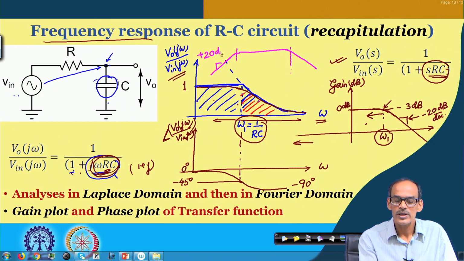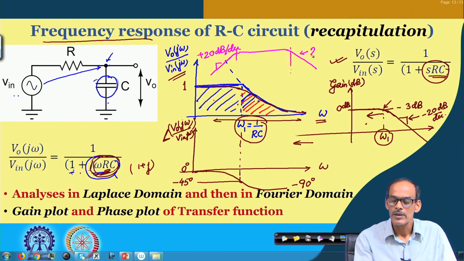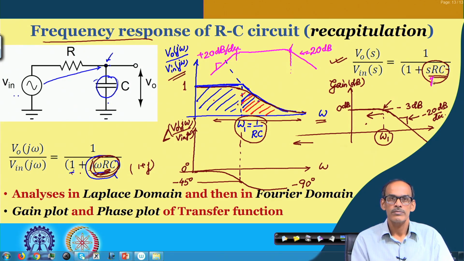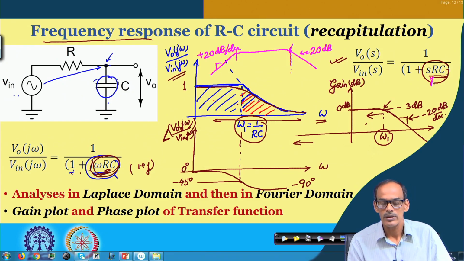So, I should say that whenever we are talking about frequency response, what we are trying to capture is the location of the corner frequency, and that can be directly obtained from the pole of the transfer function in the Laplace domain.